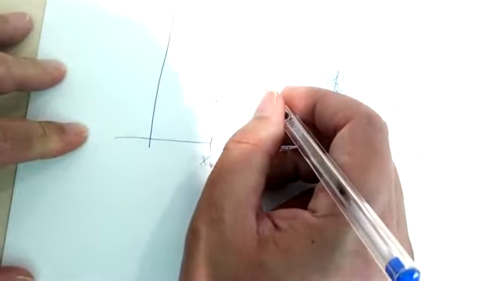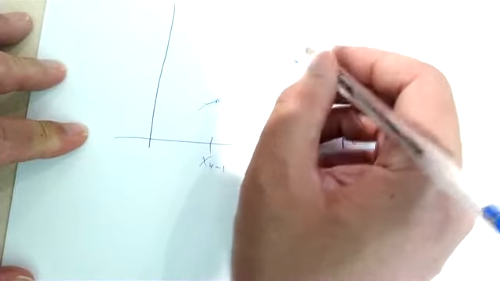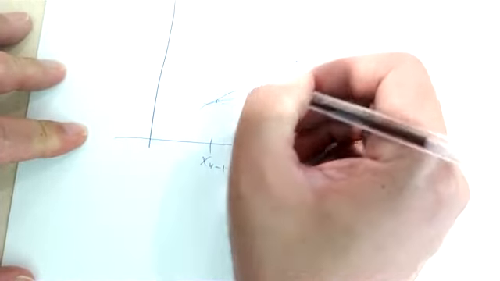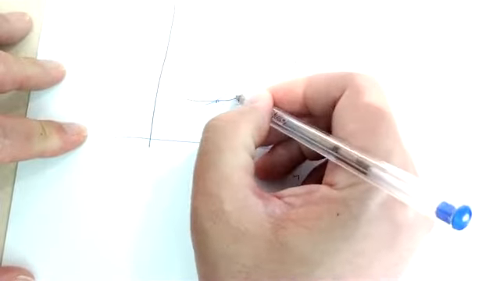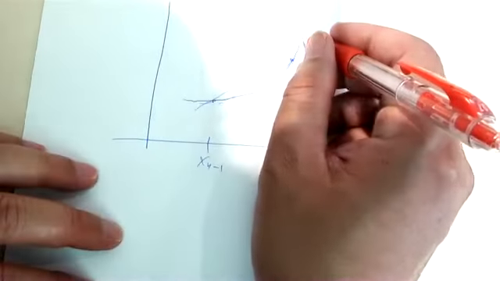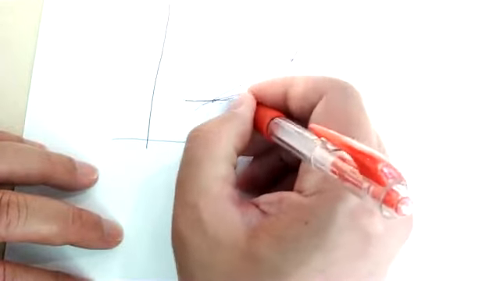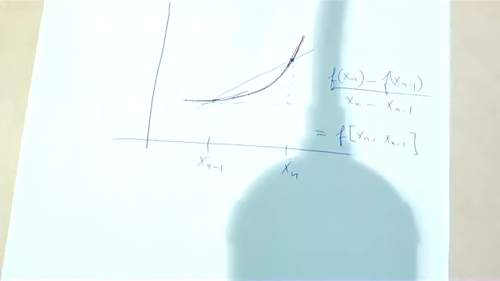Okay? So before, you want the derivative at this point of the function. But now we don't have it, so we approximate the slope of the tangent line by the slope of the secant line that connects the 2 points. So it's not accurate, but still you don't have to compute the derivative.